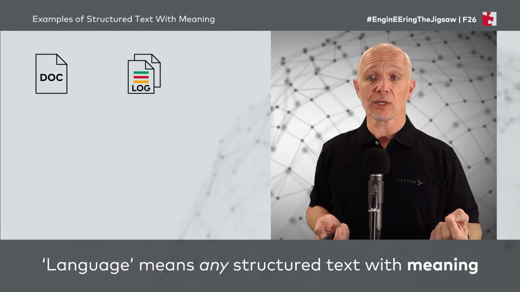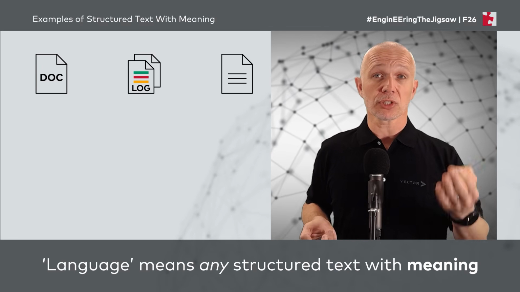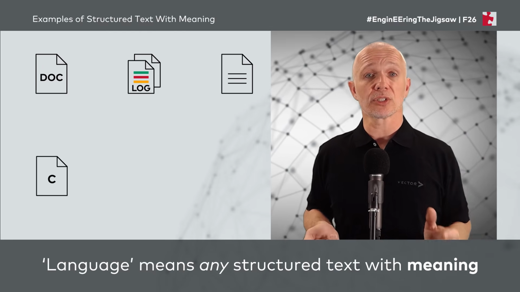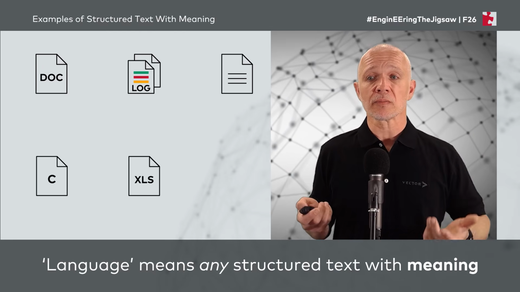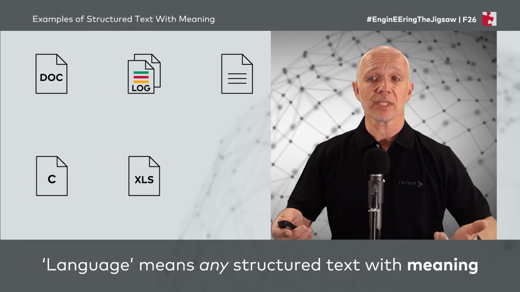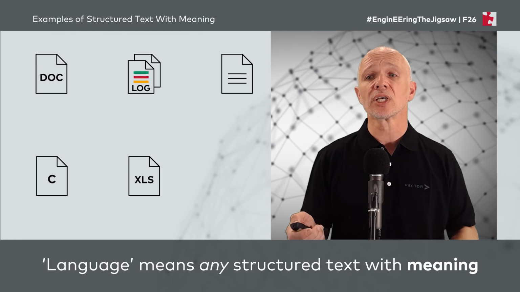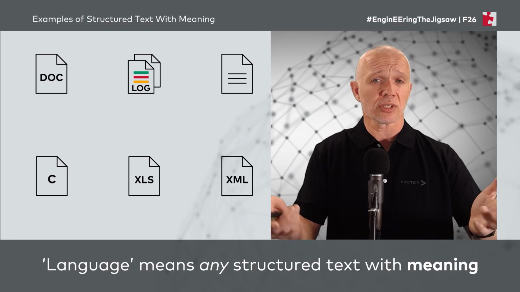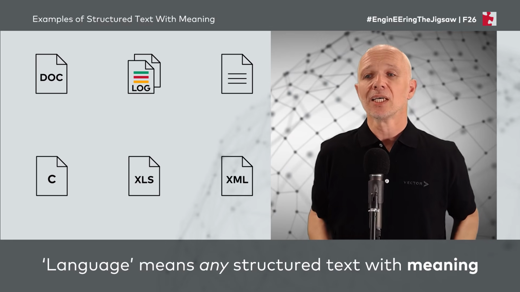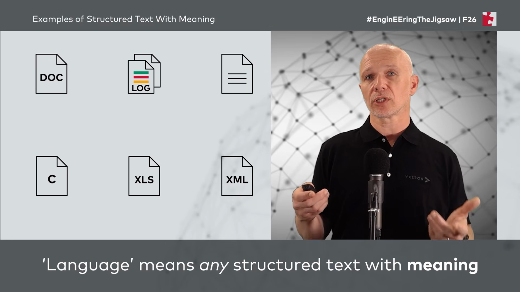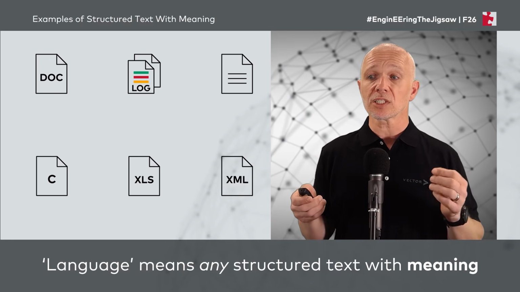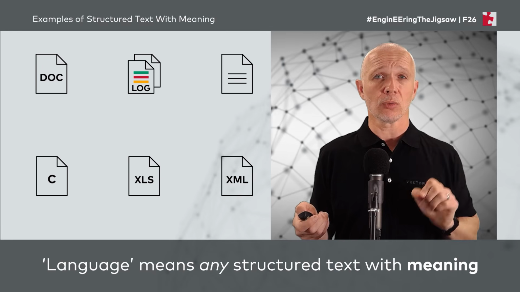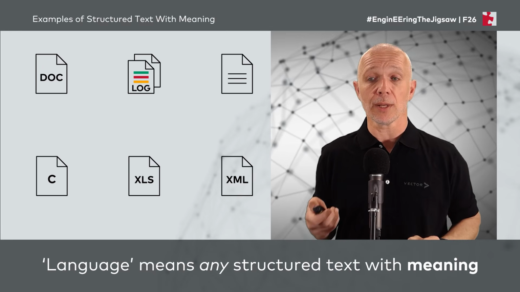Also, log files, text descriptions, such as for requirements or use case descriptions, source code, such as C source code files, the contents of tables, tabulated data that's captured in spreadsheets, and the content of configuration files could be XML, could be JSON, could be YAML, could be anything. But this idea of structured text with meaning is important as it explains why in engineering we need more than just simple chat interfaces a lot of the time.